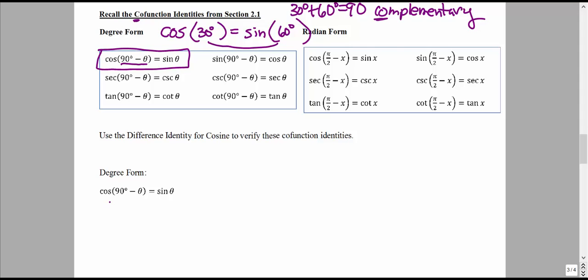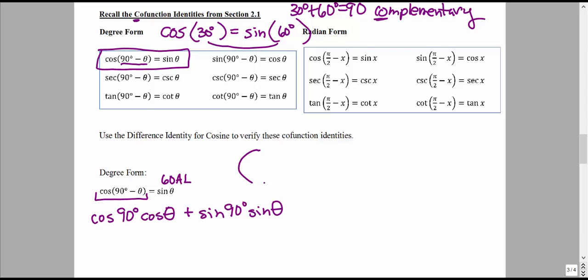I'm going to verify this identity by rewriting the left-hand side, and the goal will be to make it match the right-hand side. We're going to use that difference identity, so cosine of the first angle times cosine of the second angle, plus, because if we're subtracting on the inside, we're adding on the outside, sine of the first angle times sine of the second angle.